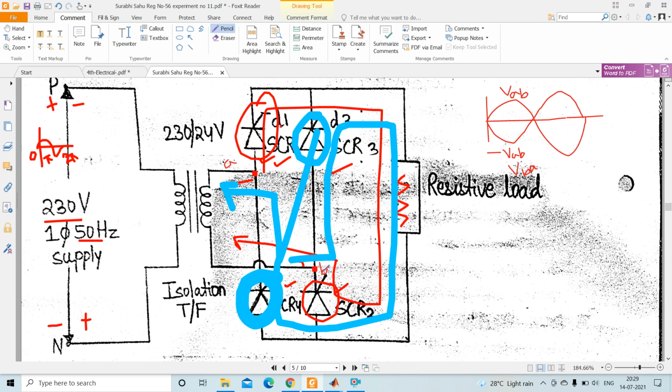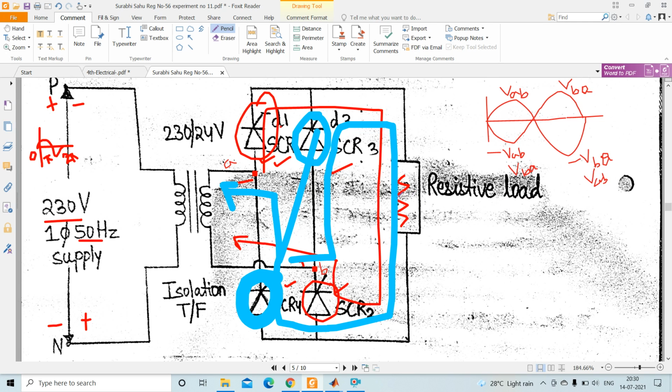Then when B is positive and A is negative, here the applied voltage is VBA.